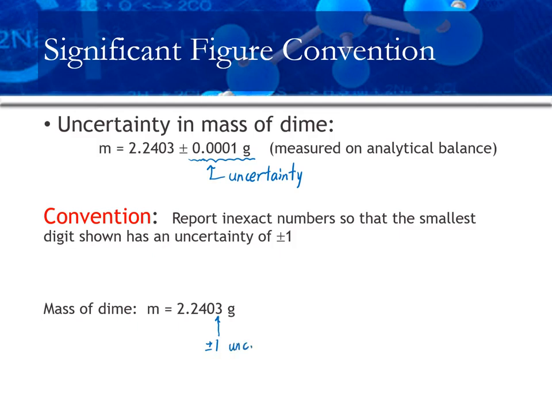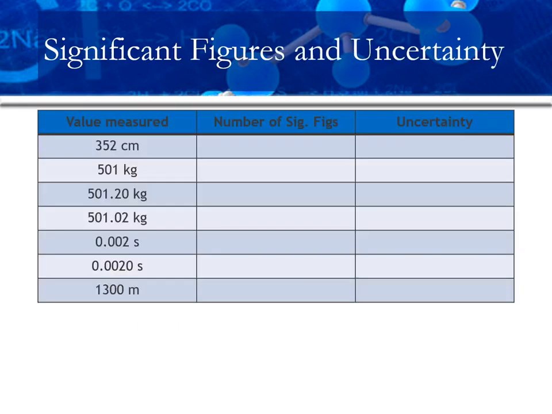And this is a much more convenient way of representing the uncertainty without having to write down lots and lots of digits every time. So let's just look at some practice cases where we can look at measured values and determine the number of significant figures and the uncertainty represented with the significant figure convention.